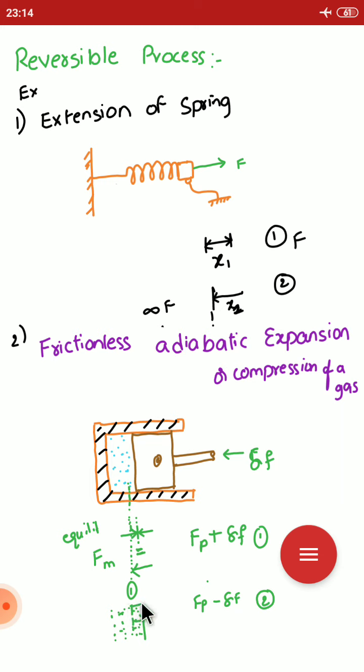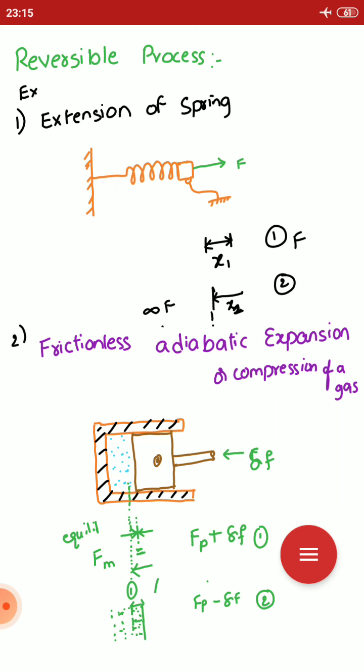This changing of the displacement of the piston up to certain limits only is the case of reversibility. While applying the force, the gas is under compression. When we release the force, it is under expansion of the gas. So after releasing the force, it can regain its original position. So it is an example of the reversible process.